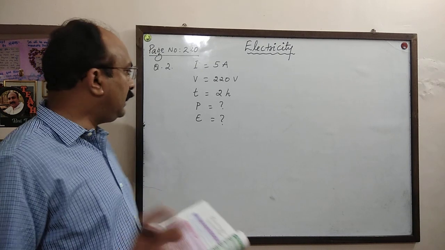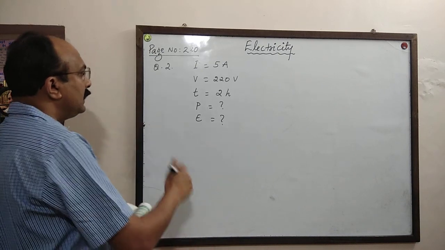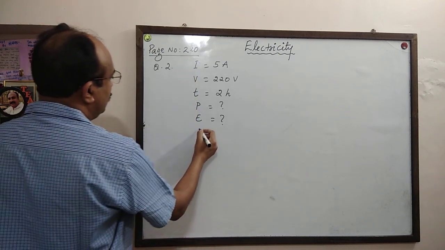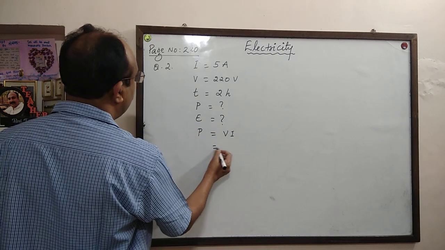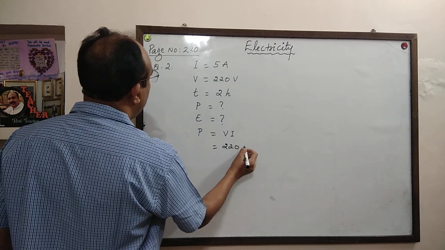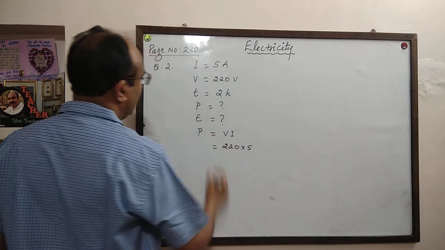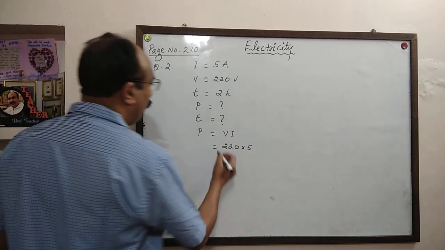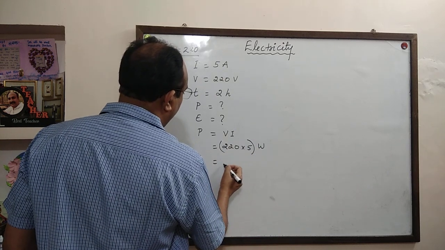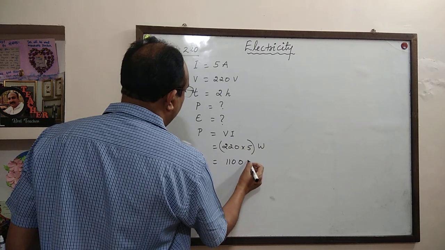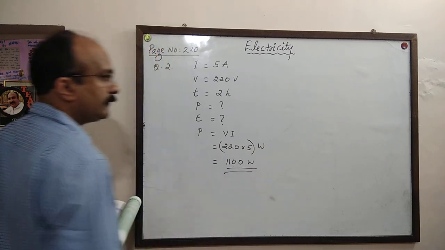Here we are asked to find P. V and I are given, so P is equal to VI is equal to 220 into 5. SI unit of power is watt. 220 into 5 is equal to 1100 watt.